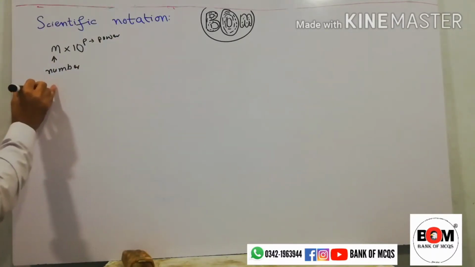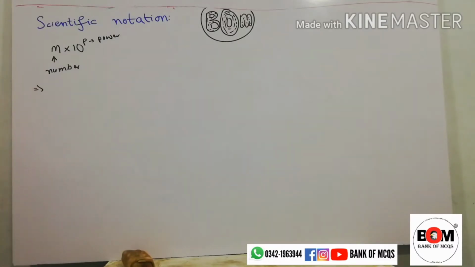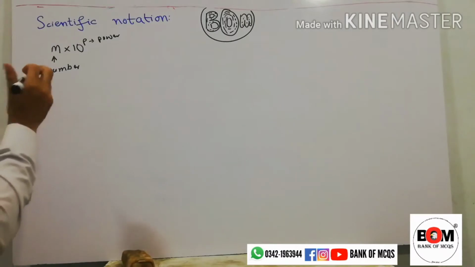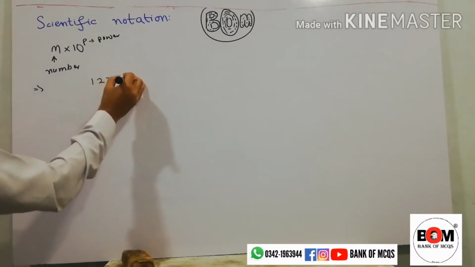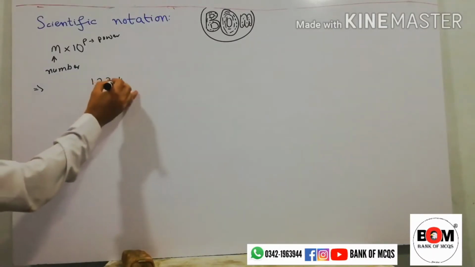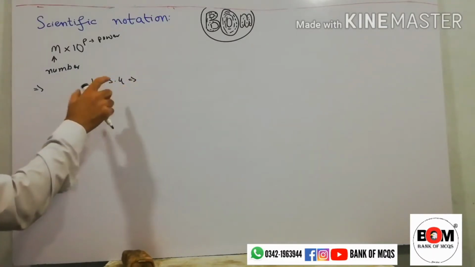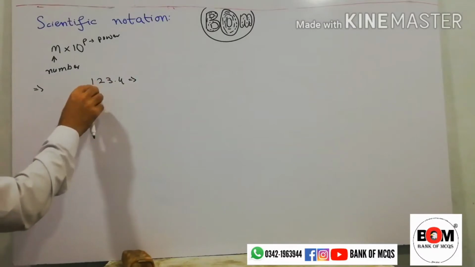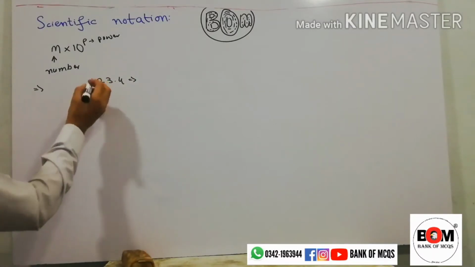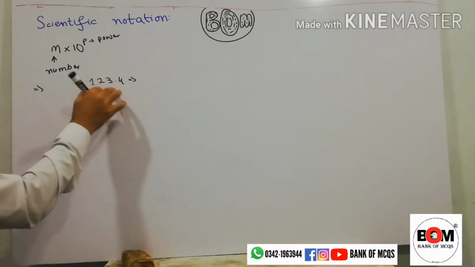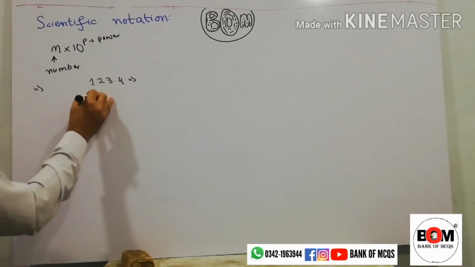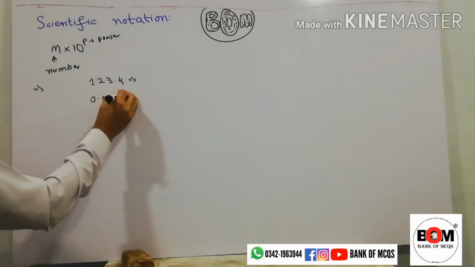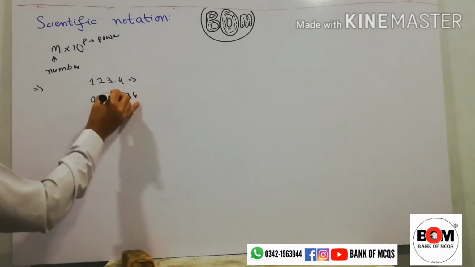The internationally accepted practice is that there must be only one non-zero digit before the decimal, for example 1, 2, 3.4. To write a number in scientific form, there must be one non-zero digit. Here, instead of one digit we have 123.4, or for example 0.001234.